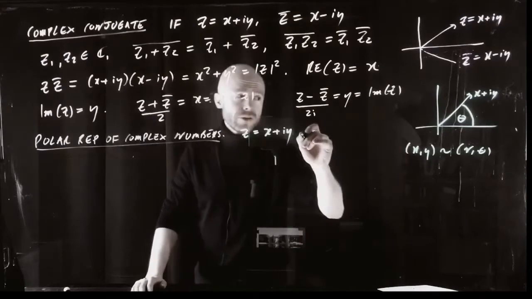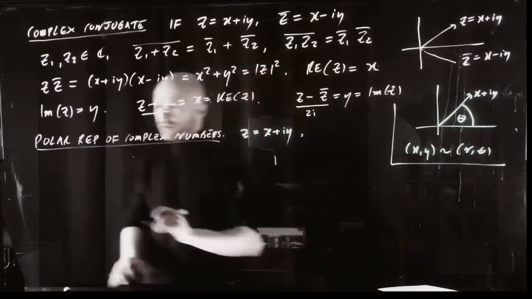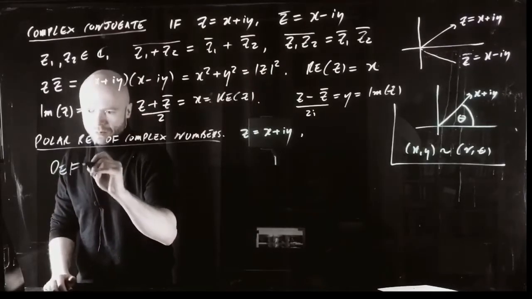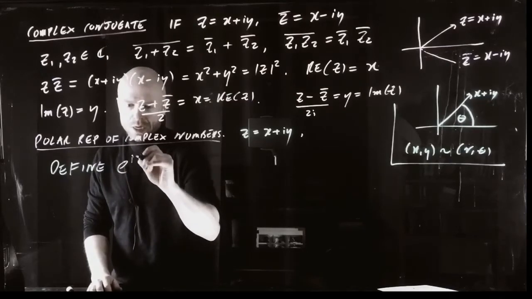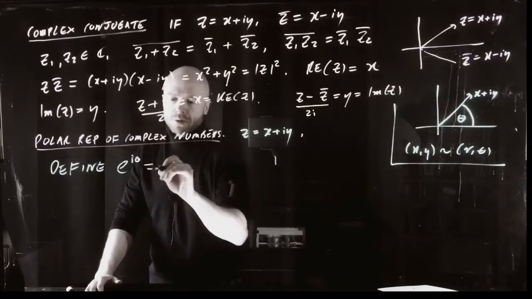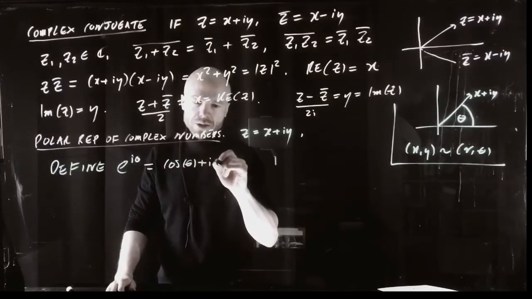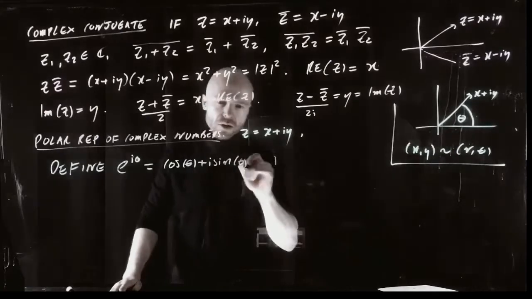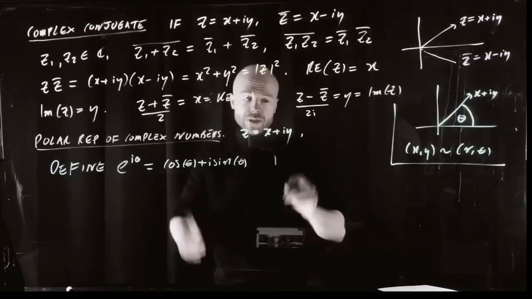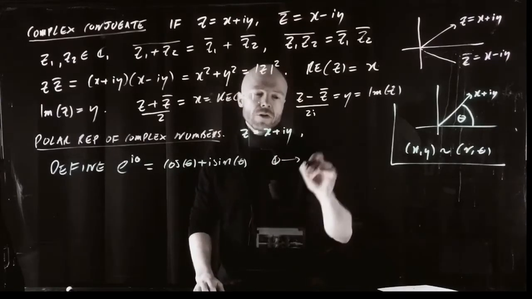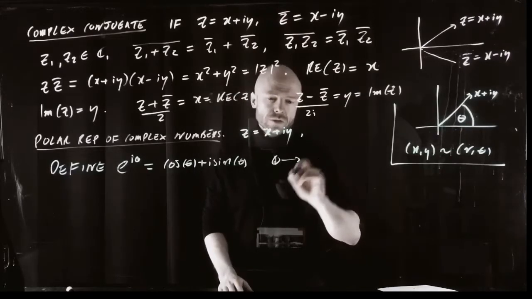I'm going to start with defining this thing. So define e to the i theta by cosine of theta plus i sine of theta. We can define this, right? This is a well-defined thing. What is this? Well, this is effectively a map from theta to the unit circle in the complex numbers, right?